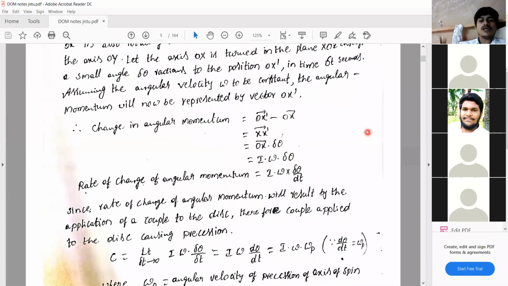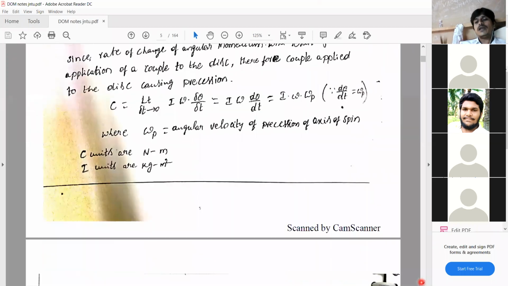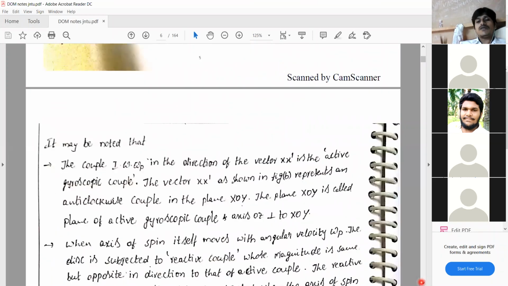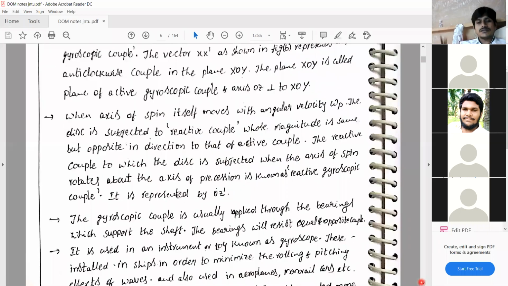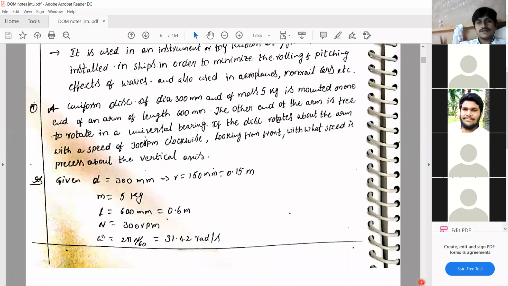The formula is I omega omega p, where I means mass moment of inertia, omega means angular velocity of the disk, and omega p means angular velocity of precession. Now that we have seen the derivation, we will work out one small problem, so all of you observe.